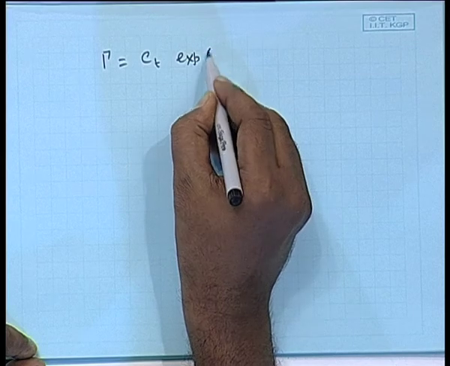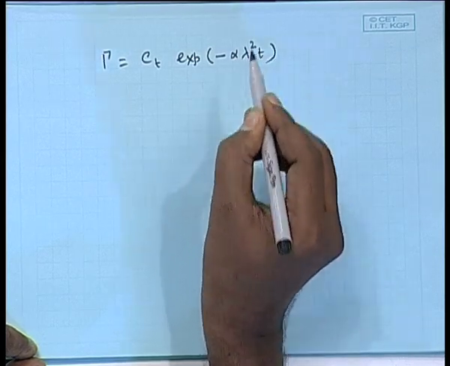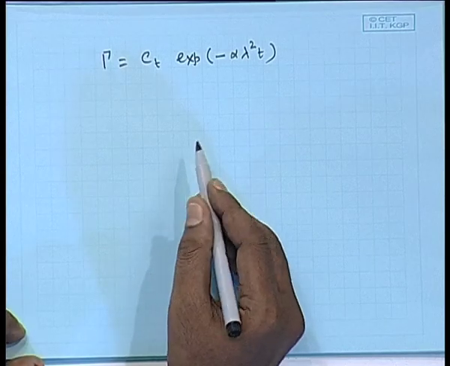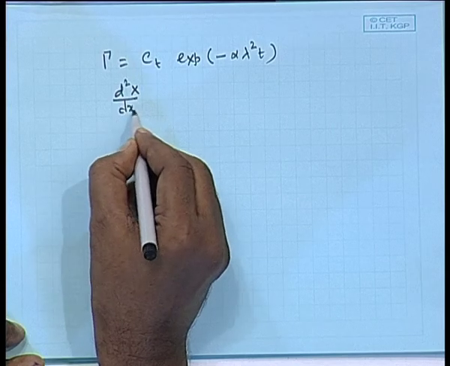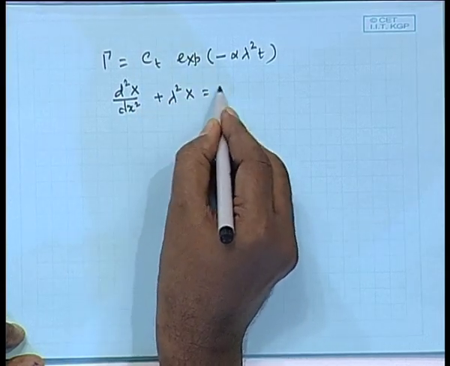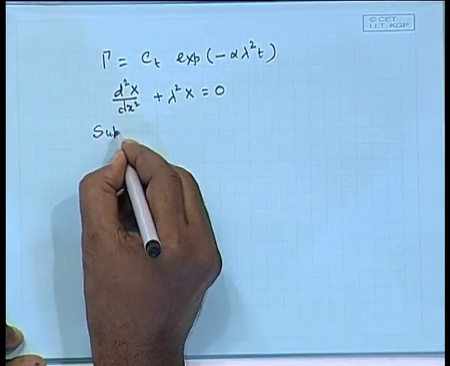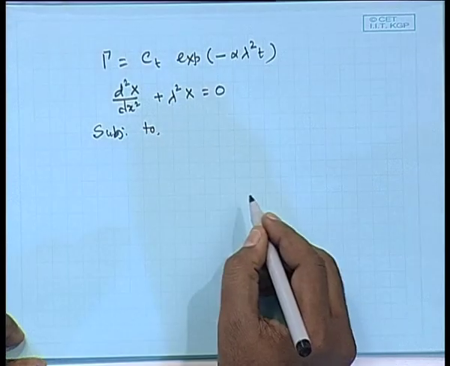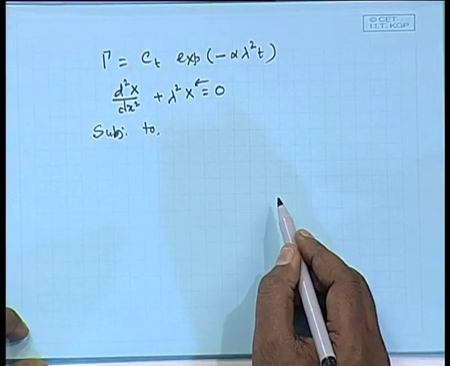So, the time varying part becomes e to the power minus alpha lambda square t. Now, let us look into the spatial variation. It is d²X/dx² plus lambda square X is equal to 0, subject to the boundary conditions. The spatial part must satisfy the boundary conditions of the original problem.